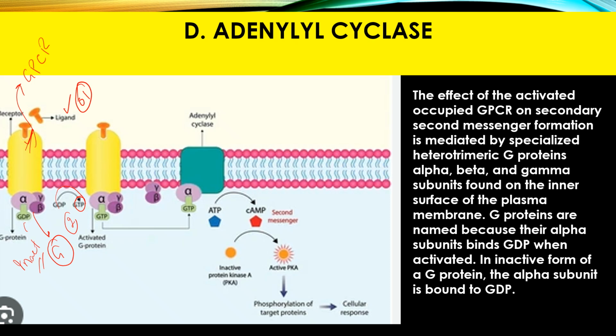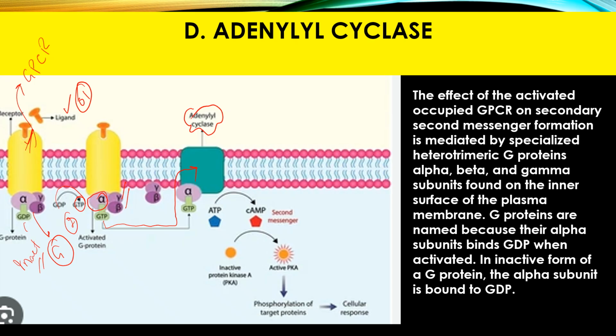But due to intracellular changes because of the ligand, GDP is exchanged for GTP. Now the GTP will attach with the alpha subunit of the G protein. The alpha subunit will detach from the gamma and beta subunits and travel towards another embedded protein, which acts as an enzyme, adenylate cyclase.